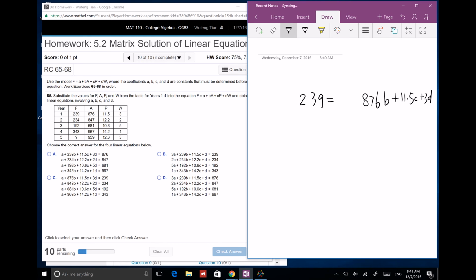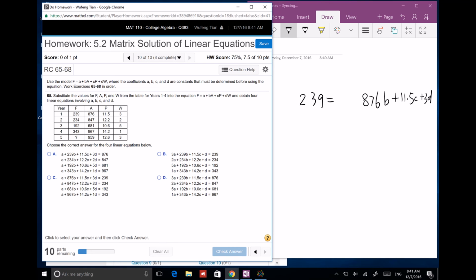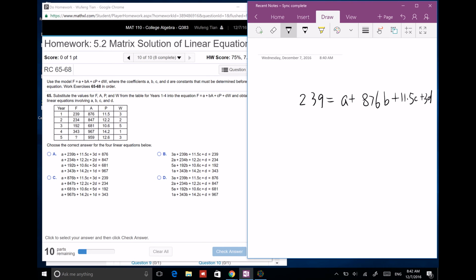Is there any A? Okay, is there A for the year? A, B, C, D, A, P, W. Okay, A is just A. So A plus 876B plus 11.5C plus 3D equals 239 is this one.